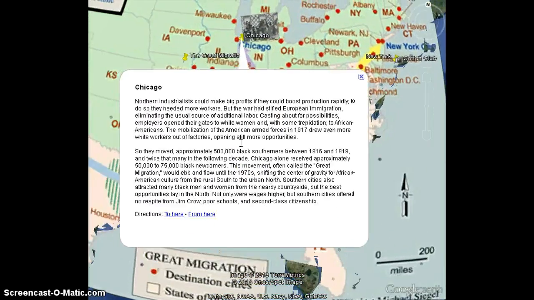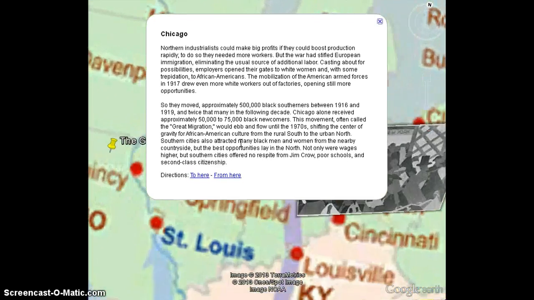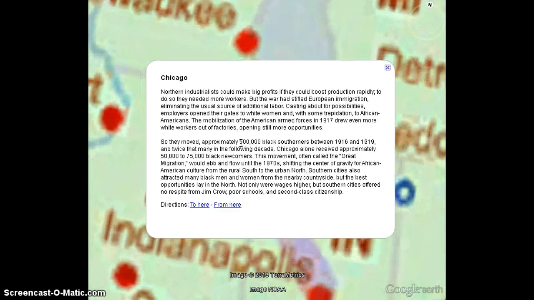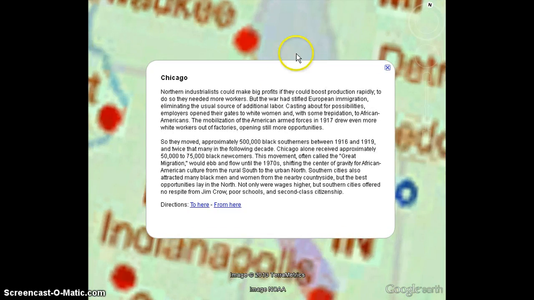So in Chicago, the northern industrialists wanted to make a lot of money. Of course, that's what they're trying to do. They run factories.